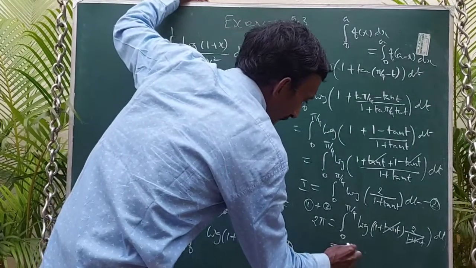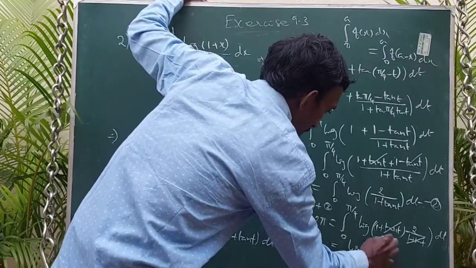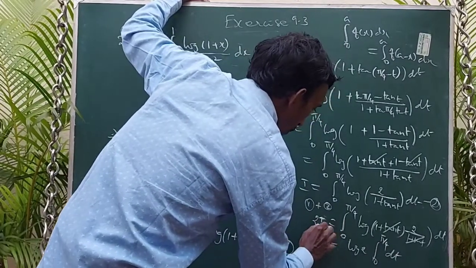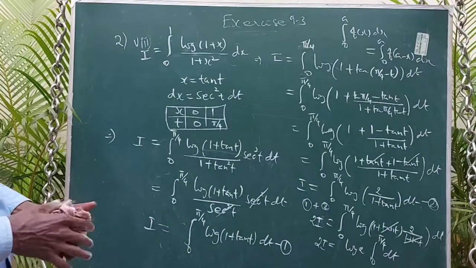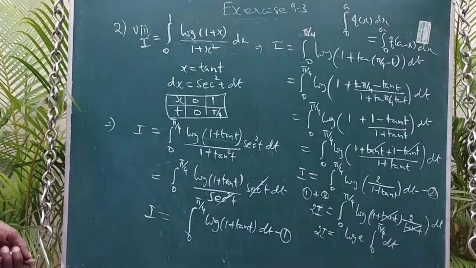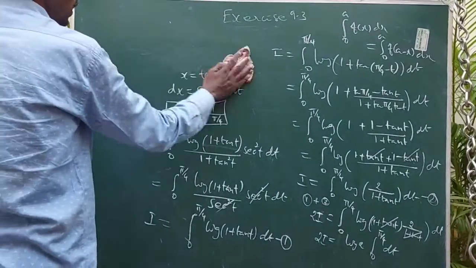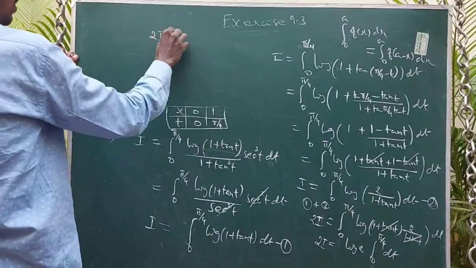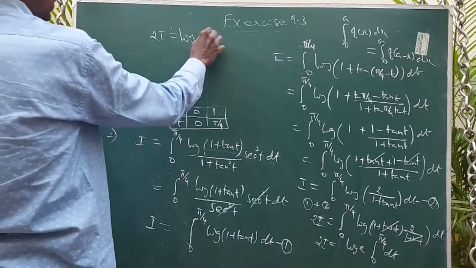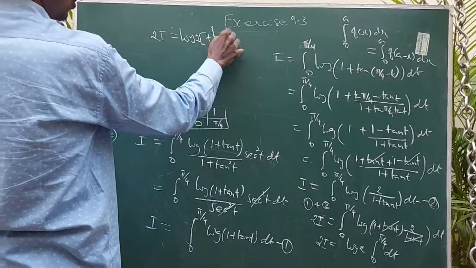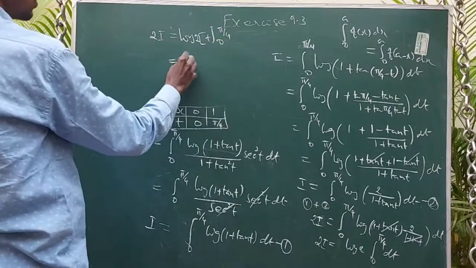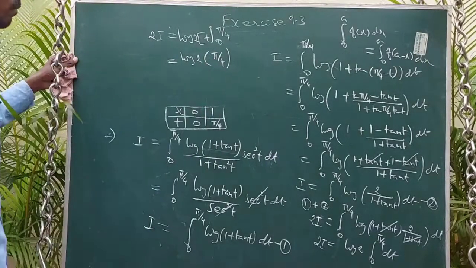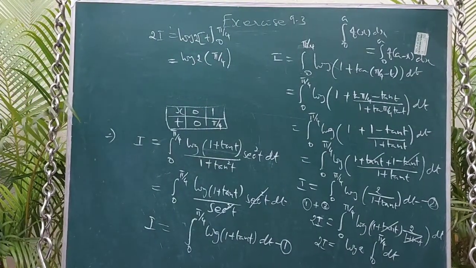So log 2 is a constant, take it outside. Integral 0 to pi by 4 dt. So 2I equal to log 2 into integral 0 to pi by 4 dt. So it is nothing but 2I equal to log 2 into t from 0 to pi by 4, so log 2 into pi by 4.